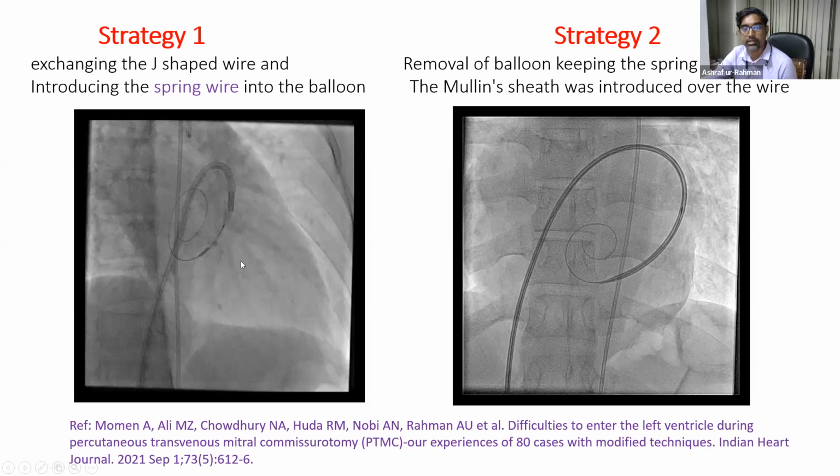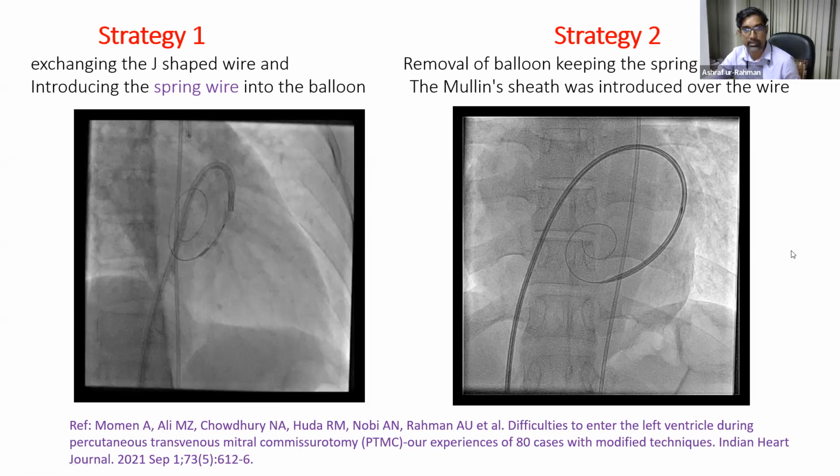over the spring wire and tried to enter into the LV. And we failed in this approach. Then we took another method. We removed the J-shaped spring wire, and we removed the Inoue balloon, and we took the Mullins sheath over the spring wire and tried to enter the LV with the help of the Mullins sheath with the spring wire.